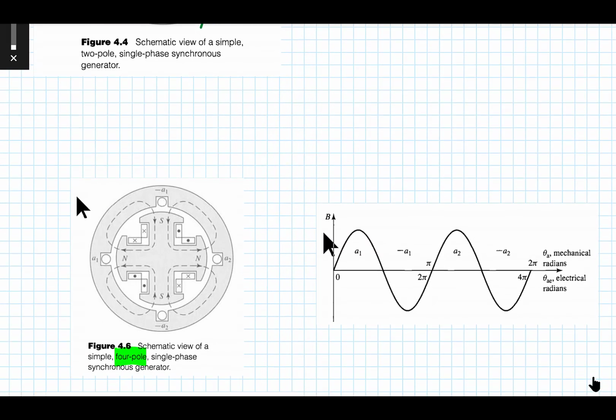But if we have this machine here, imagine that we have a field winding that's being wrapped around each one of these little parts of this T structure.